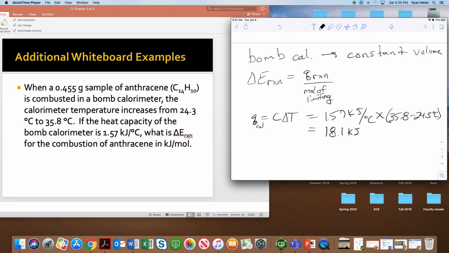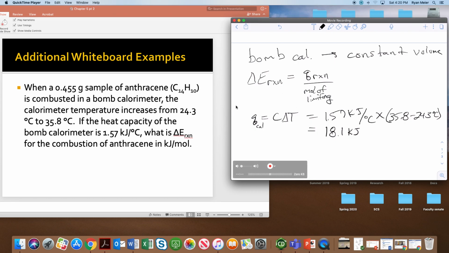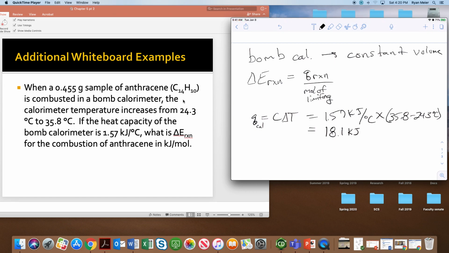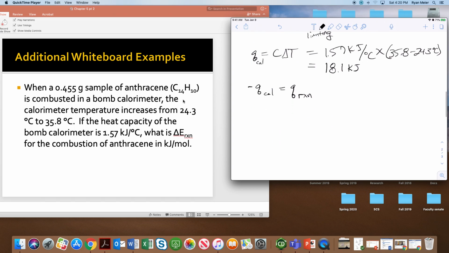But if we want delta E of our reaction, we need Q for the reaction, not the calorimeter. For the calorimeter to heat up, like our last example, our reaction has to be giving off the heat that the calorimeter is absorbing. So Q of our calorimeter should be equal to Q of our reaction, but these two are opposite in sign. So in this case, Q of our reaction is going to be negative 18.1 kilojoules.